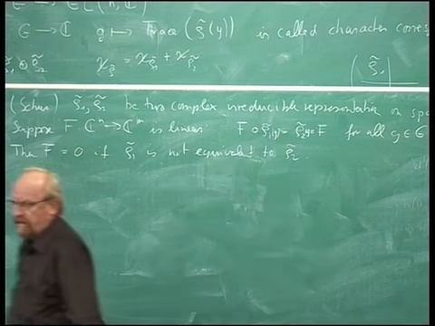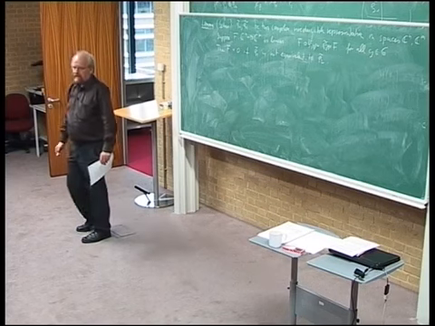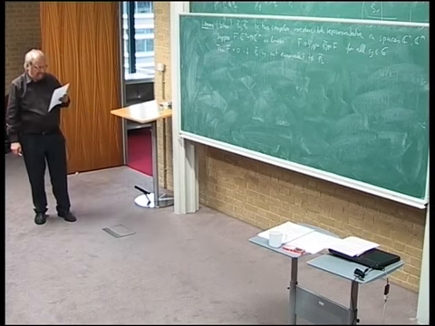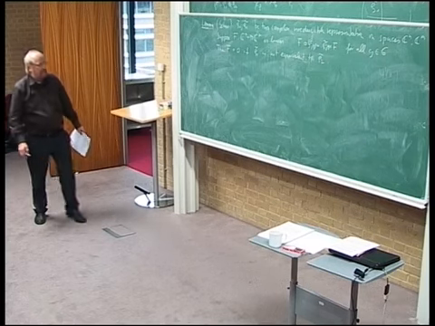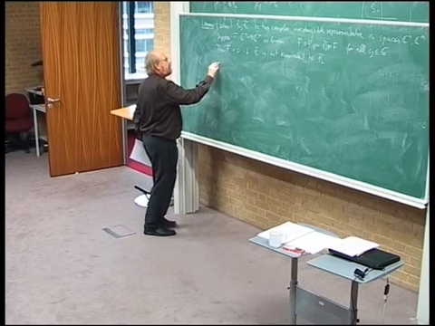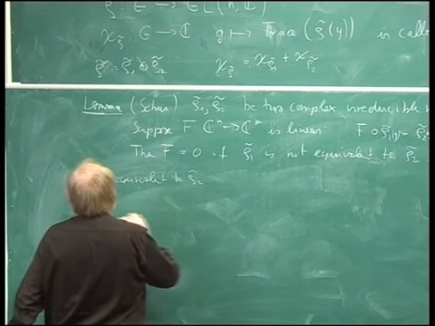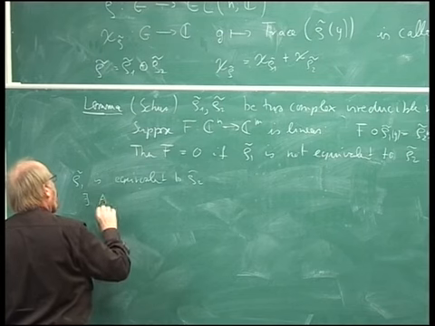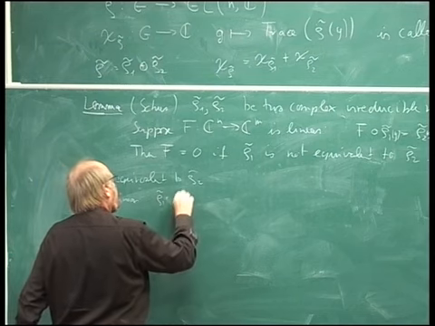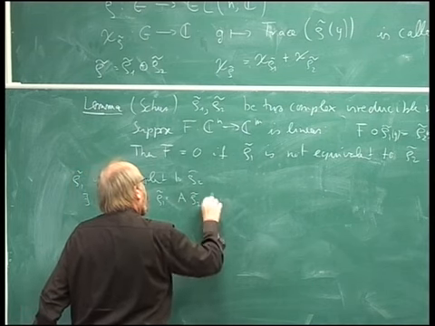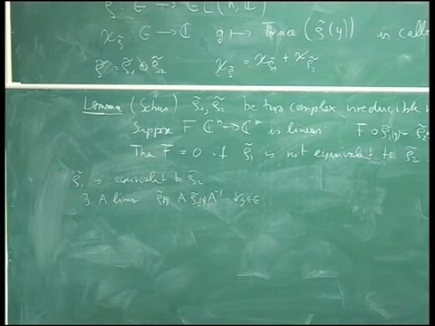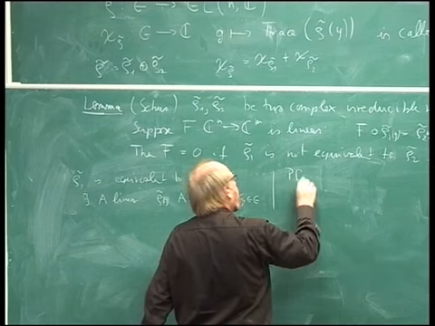I think John has introduced the notion of equivalence, but I mean, rho 1 tilde is equivalent to rho 2 tilde if there exists a linear map A such that rho 1 tilde of g is A rho 2 tilde of g A inverse, and this is true for all g in G. And so the proof is very simple.